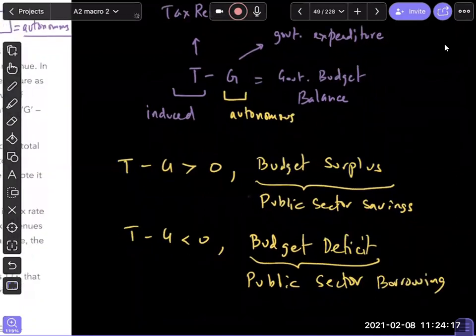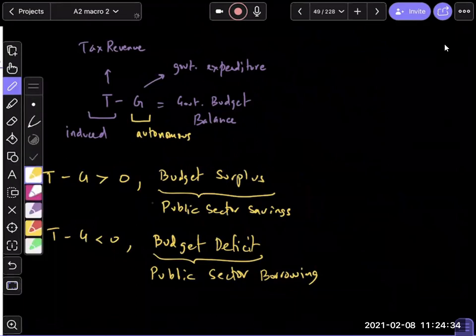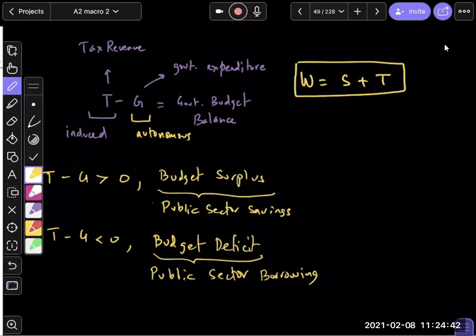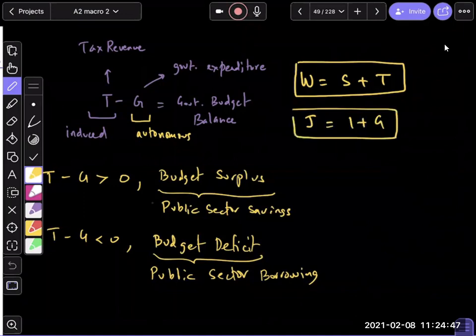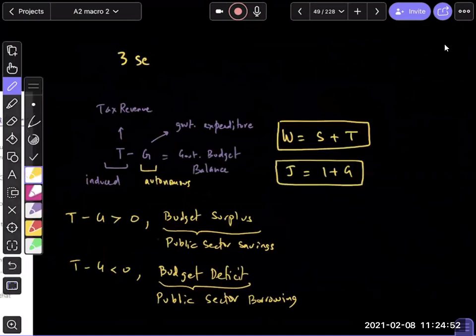Okay. Remember, so far our model didn't have T and G. And T is what? T is taxes, but T is also a withdrawal from the sector, and G is an injection. So W is your S plus T now, right, in this model, and injection is I plus G. So what are we doing now? We are now moving on to what we call a three-sector model.